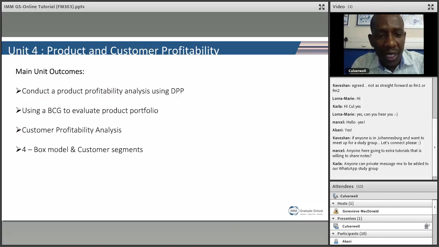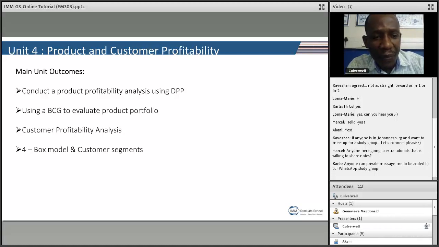The customer profitability analysis, like I've said, the preparation is basically the same. The only difference between customer profitability analysis and direct product profitability is that on customer you're looking at services, whereas on the product you'll be looking at activities, where one is taking in manufacturing a specific product.